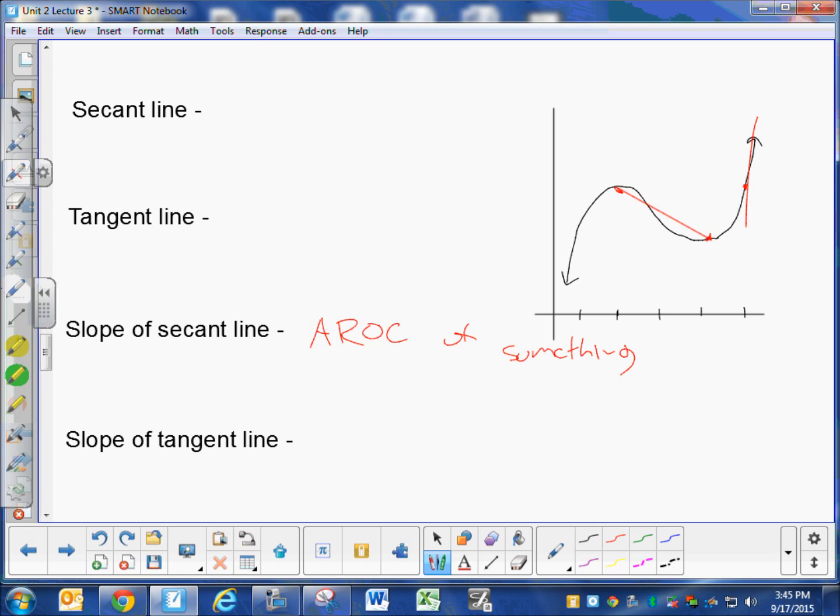They just touch it. And what was the average rate of change when those 2 points get infinitely close together? So if I take this point and make it infinitely close and then I extend it, whoops, we get a tangent line, and average rate of change becomes what? Yeah, an exact rate of change or an instantaneous rate of change.